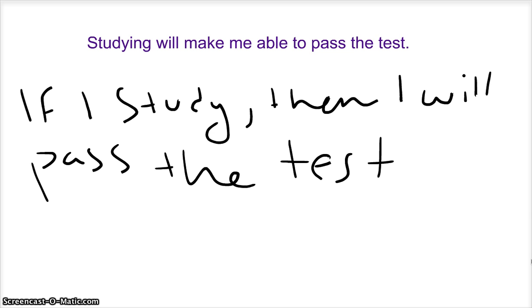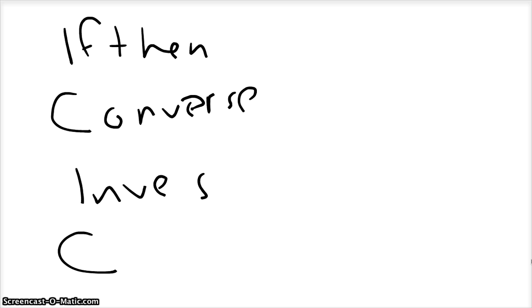I want to also give you some ways to remember which one is which. We have I see. That's how some people remember. I see: you have the normal, then you have the converse, inverse, and contrapositive.